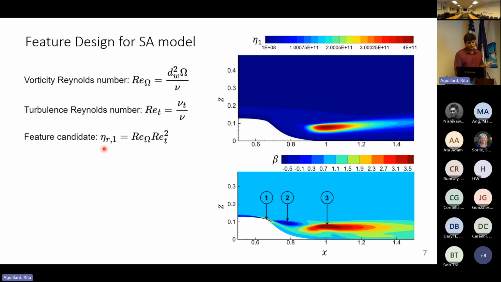The first feature candidate that we tried out was this Re_omega Re_T squared. And as you can see, the feature resembles very closely the target that we want to achieve. So as of now, for feature selection, we are using the results from field inversion to give us a hint of what we want to do.